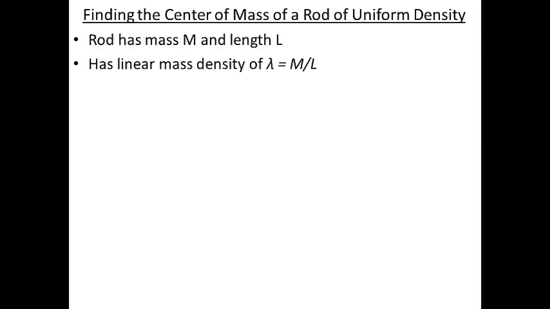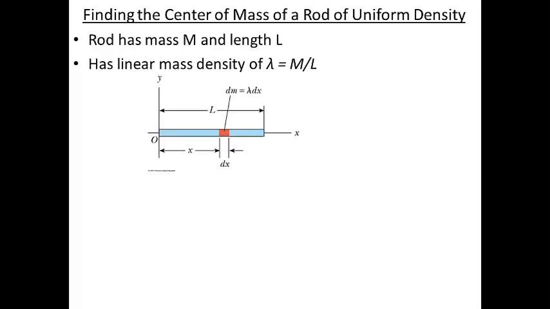Here's how you use calculus. First, it's established that the rod has a mass capital M and length capital L. Because of that, we know that it has a linear mass density of lambda equals M over L, so mass per length. Here is a picture that should help us out. We've placed this uniform rod along the x-axis.